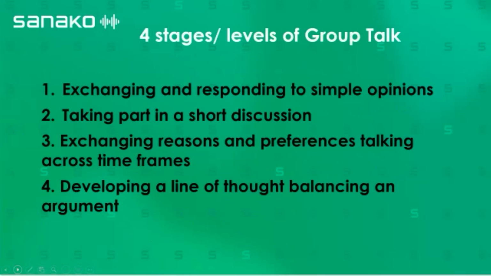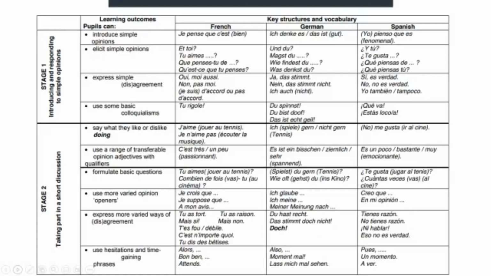I'm not going to read it out to you, but I'm going to show you what that looks like in practice. So we've got the stage on the left-hand side here, and then we've got what the learning outcomes are in bullet point form here, and then some examples of the key structures and vocab that you would teach for the French, Spanish and German.